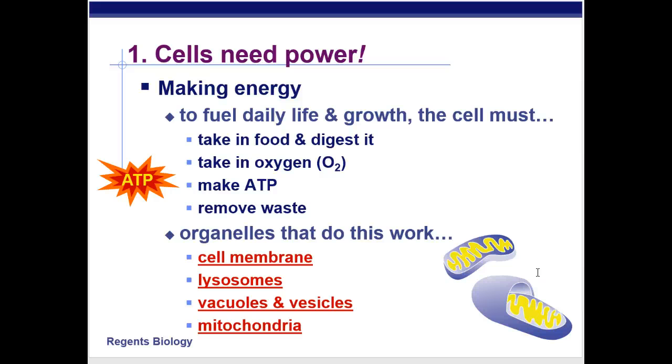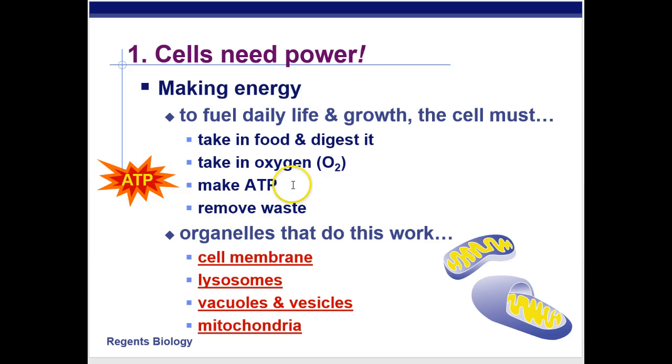Cells need power. They need fuel to be able to do the daily things that they do. Our energy currency in our body is ATP. Basically, it boils down to us taking in the nutrients that we need every day, and your cells taking those nutrients, especially in the form of glucose, and turning that into ATP.